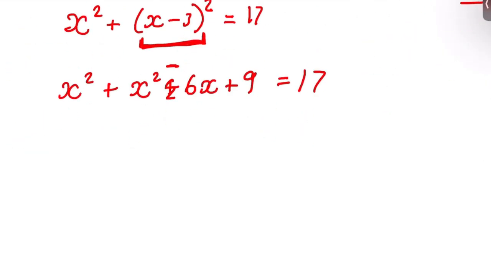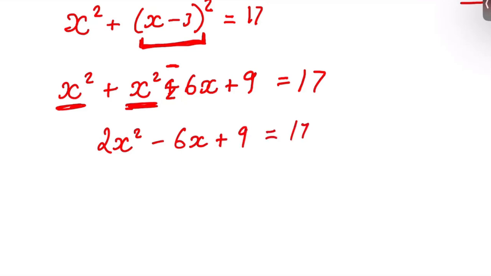So simplifying it down, we have an x squared here and we have an x squared here. Both of them added together gives you 2x squared. Then you have 2x squared minus 6x plus 9, and that's equal to 17. Now we want everything to be on one side. We don't want anything to be left by itself on one side. So we're going to move this 17 to this side.